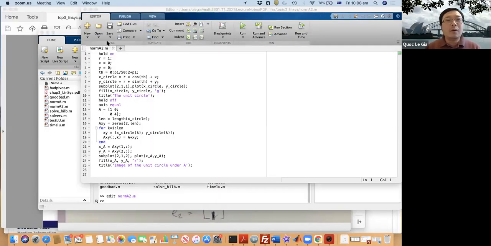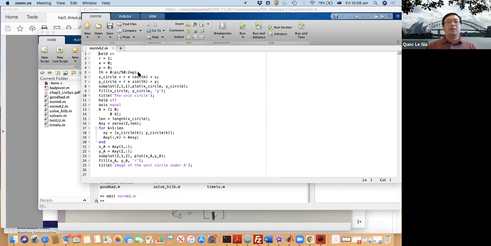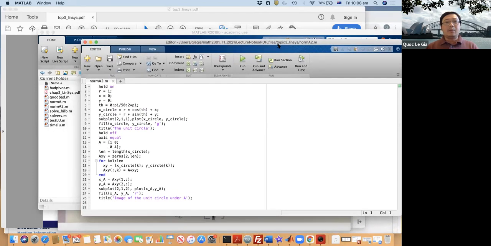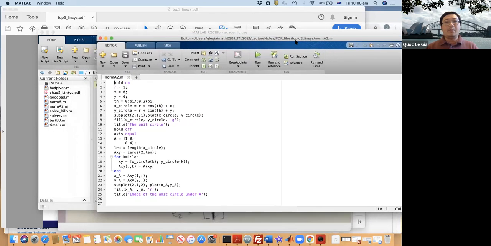You see my MATLAB here. So people can see my MATLAB, yeah. So what I'm doing here is I plot the circle, yeah.